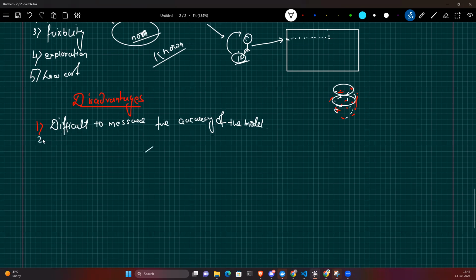Okay. Number two, the results often have lesser accuracy. In the case of unsupervised, you can't expect your accuracy to be very high.